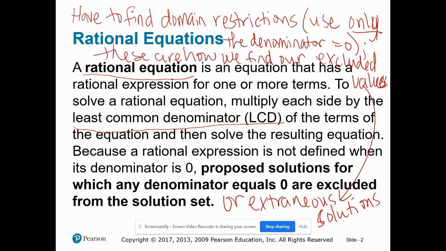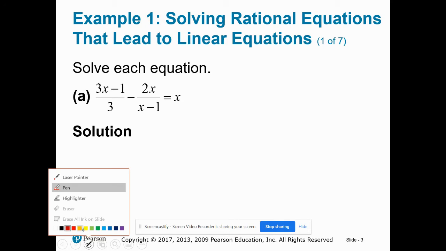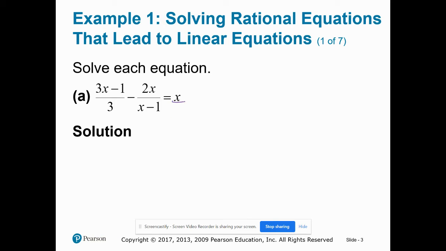So let's try this very first one. We have our equation, it's equal to x. My first step is going to be to take this x and put it over 1. If we wanted to make these fractions all have common denominators, then we would need a 3 because of this 3 here, and an x minus 1 because of this.